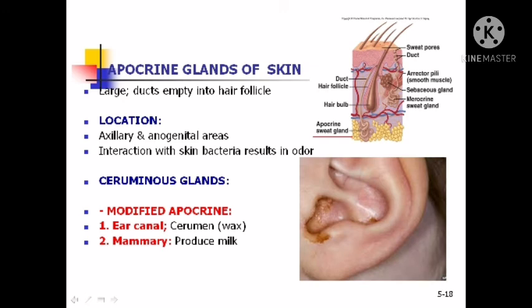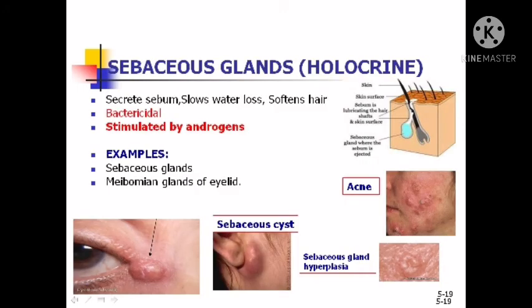In the ear canal, they secrete a wax-like substance, which is called cerumen. And the mammary gland is a modified apocrine gland, and it produces the milk.